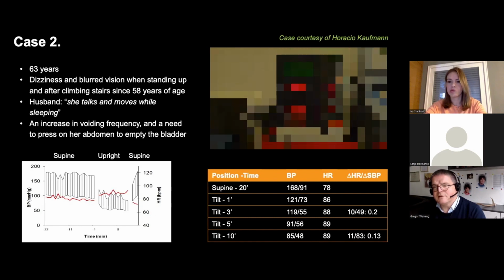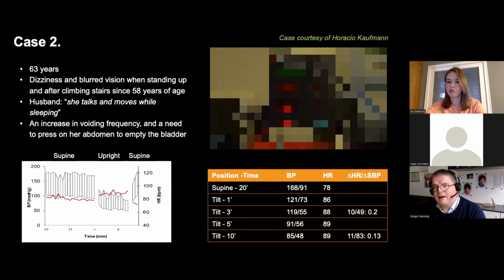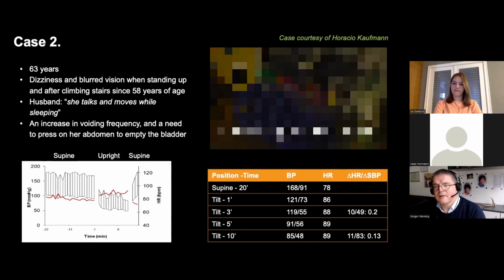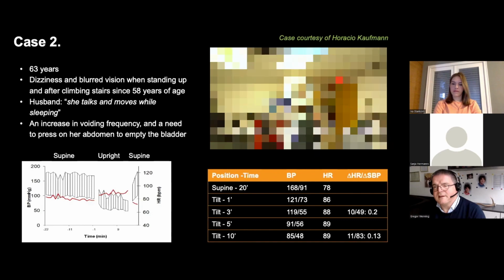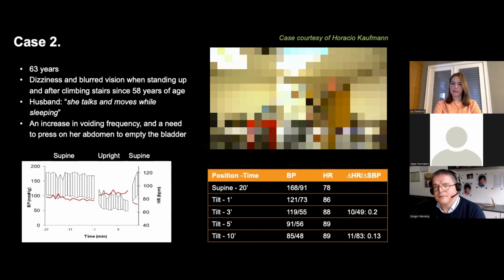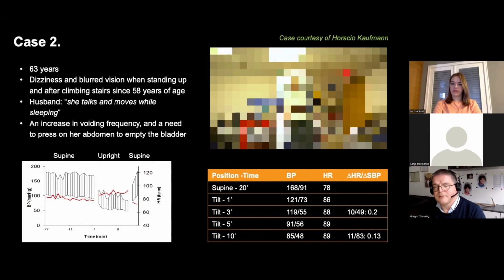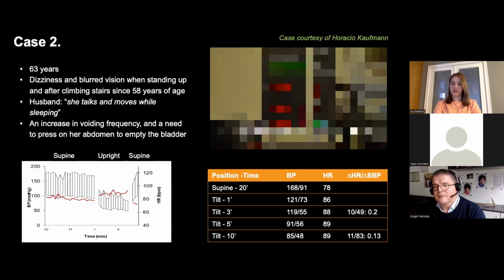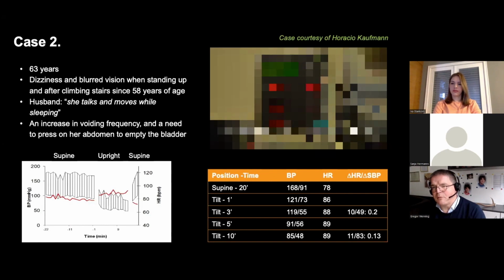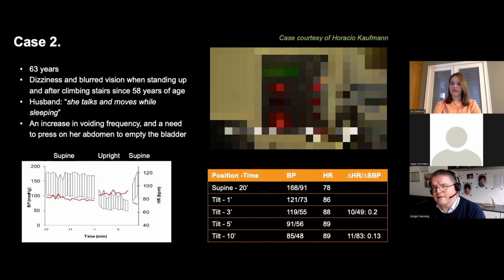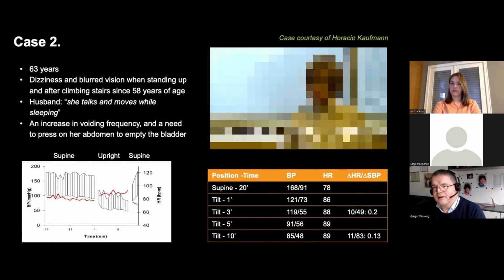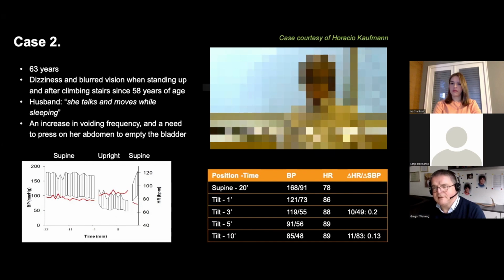So we here see the supine blood pressure, 149/97. You could see the major drop of blood pressure down to 108/97 here. And the diastolic blood pressure was also decreased.